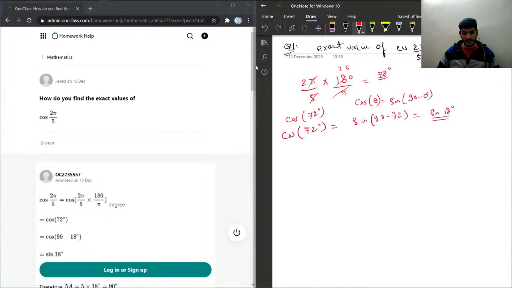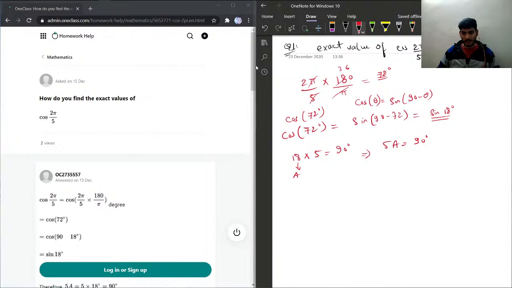Now, 18 into 5 is 90. I can write 18 as A, therefore 5A will be 90.